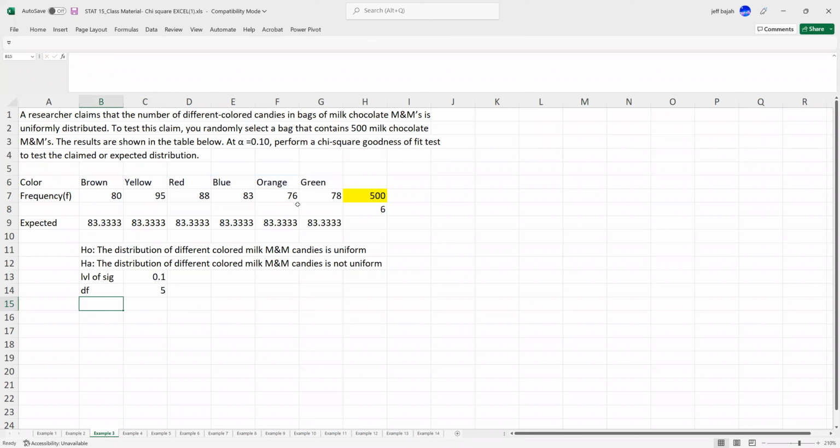And now that we have that, we can go ahead and find our critical value and then our p-value and all that good stuff. So our critical value will now be equal to the chi-square inverse, right here, probability, degrees of freedom. And so we got 9.21.